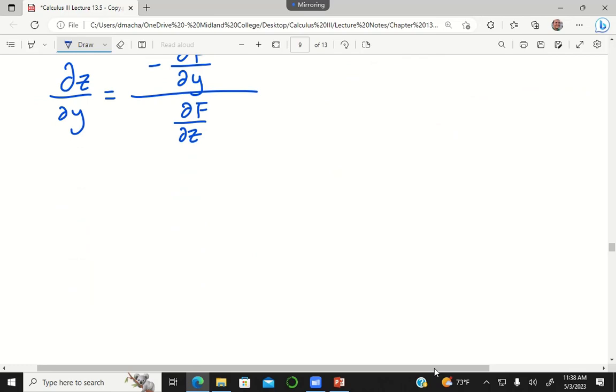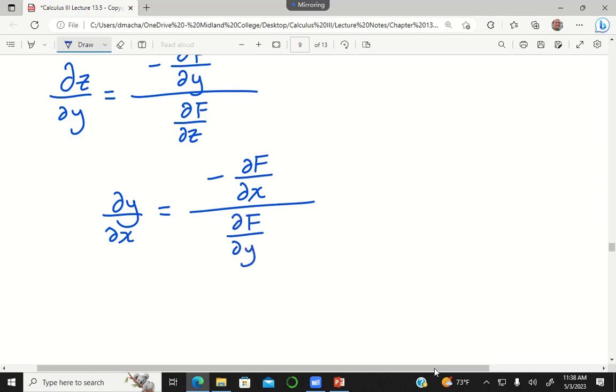What if I wanted to take the partial of y with respect to x? What would that formula be? Yes, you're right the second time. The negative partial of f with respect to x over, there you go.